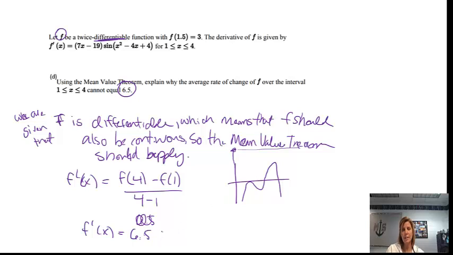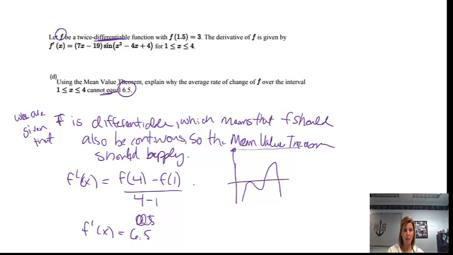So it's not that the mean value theorem doesn't apply. It's just that if I find a spot where one of them is something, then the other one also has to be that. So the derivative never equals 6.5, and the average rate of change does not have to equal that. I don't know how I want to say that.